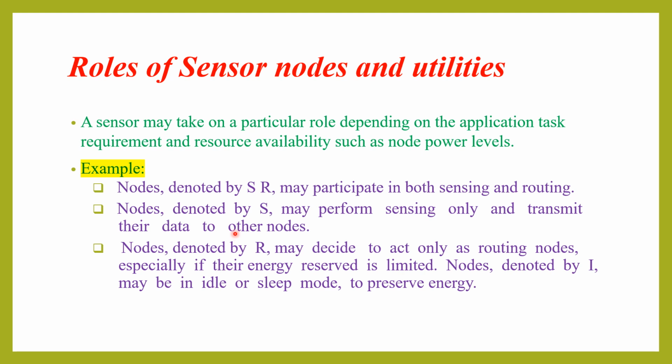We may at times make a few nodes perform both sensing and routing, or we may choose certain sensors to perform sensing alone, and after sensing, make the few other nodes which are left out route the information alone. Sometimes if both operations are not necessary, we can make those nodes idle or put them under sleep mode so as to preserve energy. In this way we can preserve the energy of a wireless sensor network.